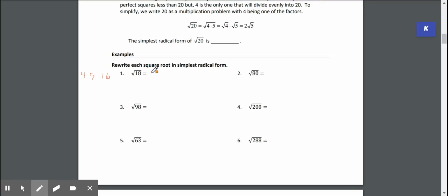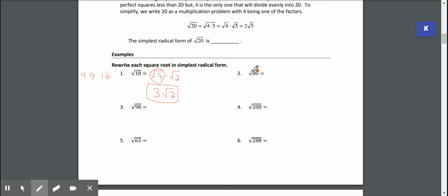So I'm going to write the square root of 18 as the square root of 9 times the square root of 2. The square root of 9, we know. We can take it. The square root of 9 is going to be 3, but the square root of 2 we don't know. So the simplest radical form is going to be written as 3, the rational number, times the irrational number square root of 2.